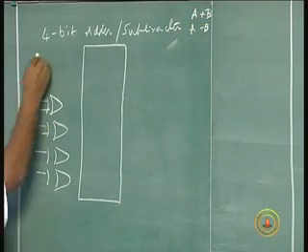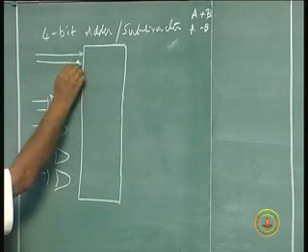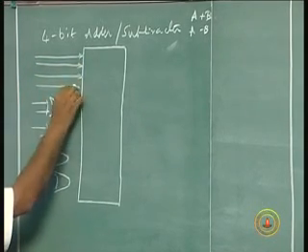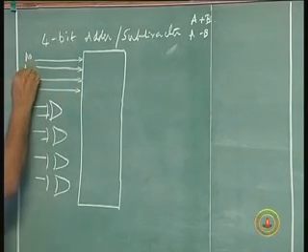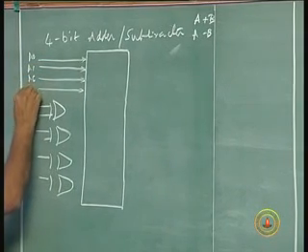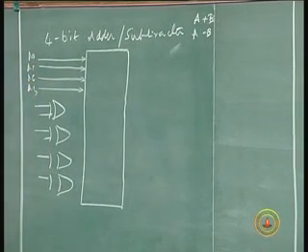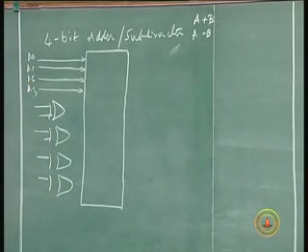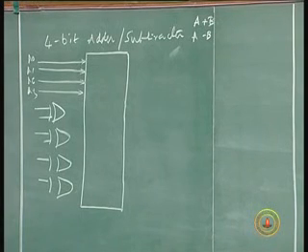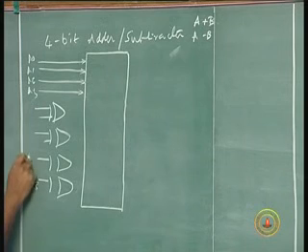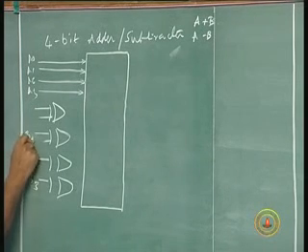So A will be directly given. A0, A1, A2, A3. A3 being the sign bit of number A, right? Can be positive or negative. A3 is the sign bit. Similarly, B3 is the sign bit. B2, B1, B0.